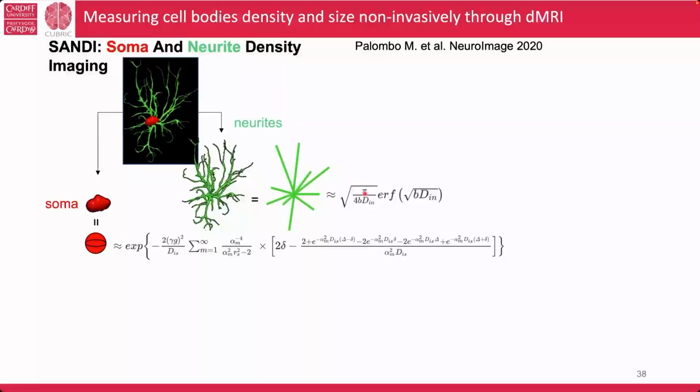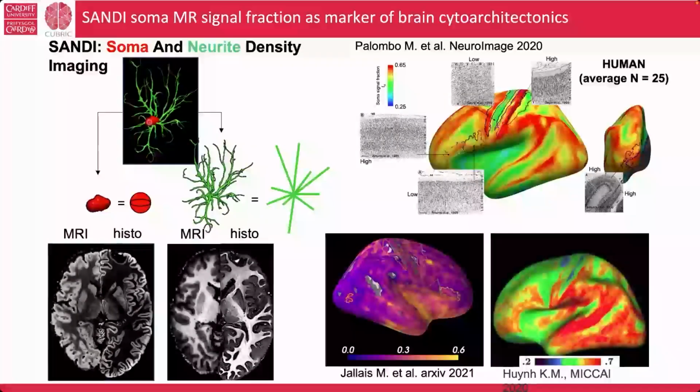So you can simplify even further and propose an analytical model, a compartmental model that actually matches very nicely the full simulation of the cell. And this is what SANDI is: an analytical model that has been applied and reproduced by different labs.